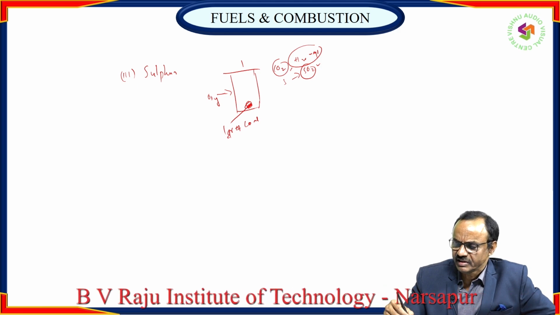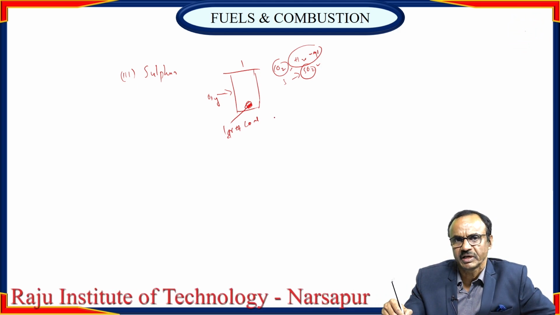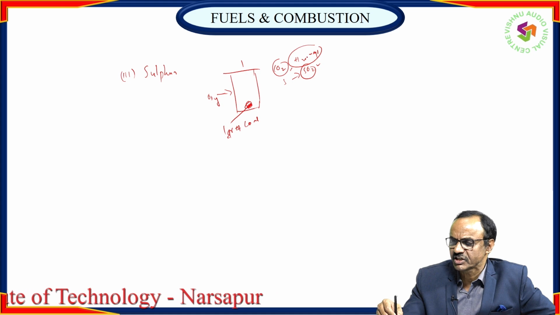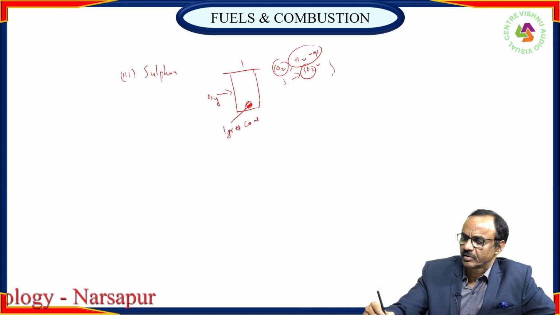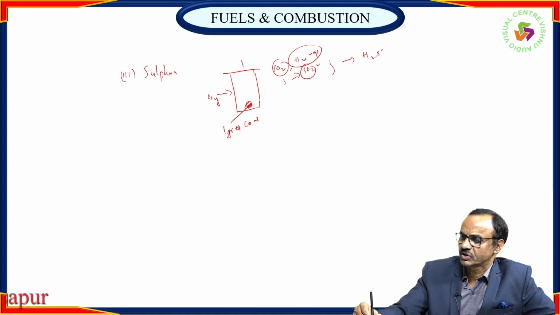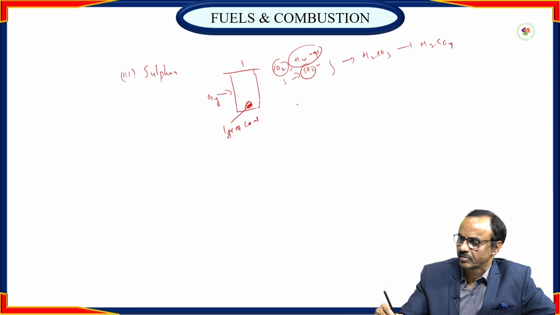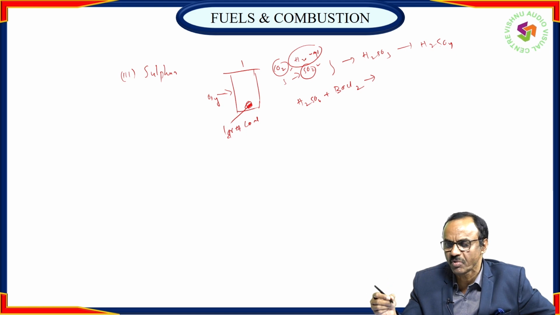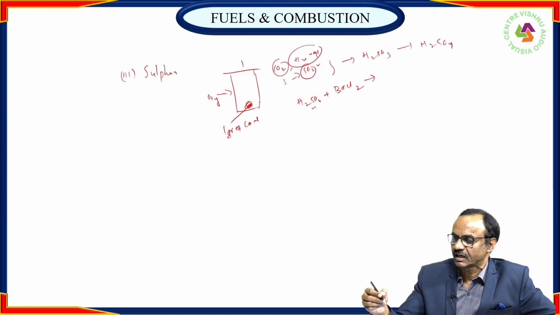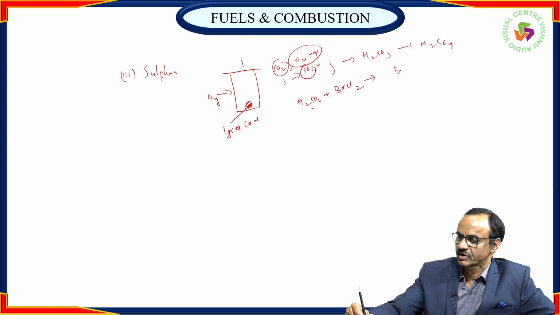The only disadvantage is sulfur dioxide. After some time, when this closed system cools to room temperature, the sulfur dioxide and H2O vapor combine with each other and convert into H2SO3. Further, it converts into H2SO4, right? Treat this H2SO4 with barium chloride. Any sulfur impurity in the form of liquid acid converts into barium sulfate.